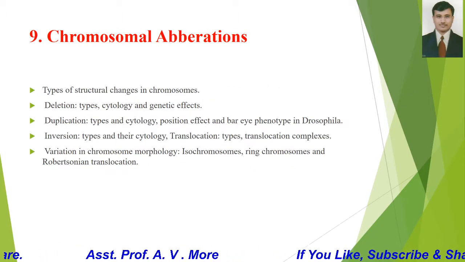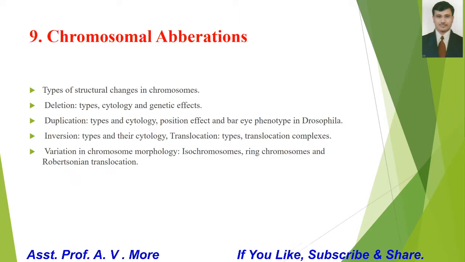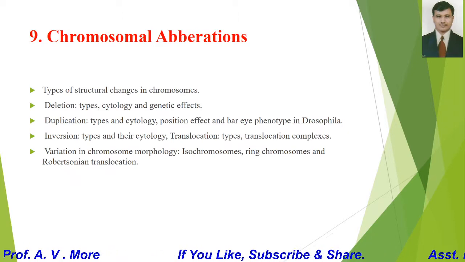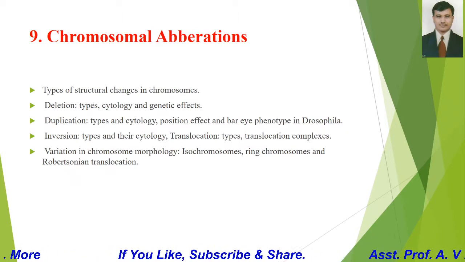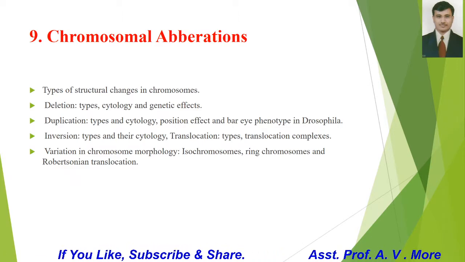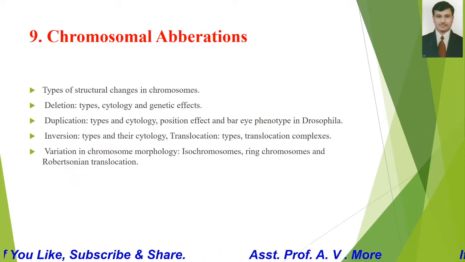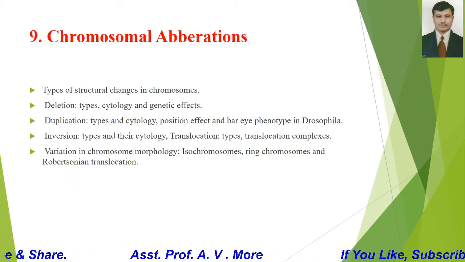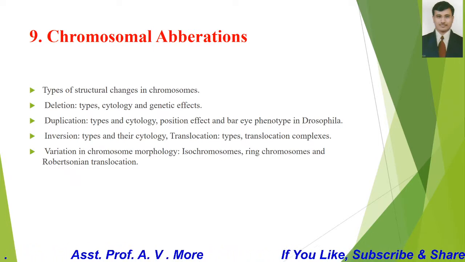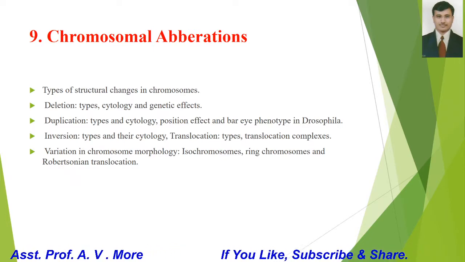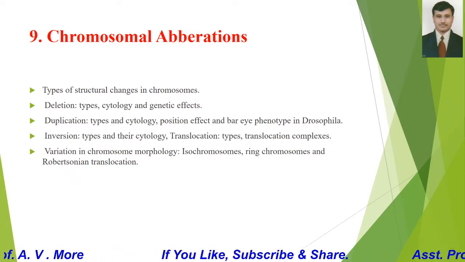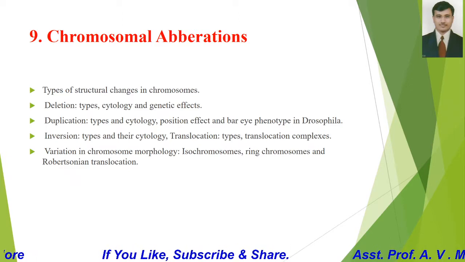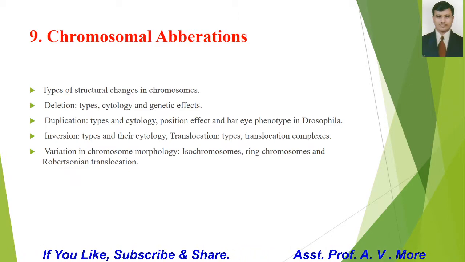Next unit, that is chromosomal aberrations. In that topic we have to study the types and structural changes in chromosomes. Next one is deletion, types of deletion, cytology and genetical effect. Next point is duplication. In that topic we have to study types of duplication and cytology, position effect and Bar phenotype in Drosophila.